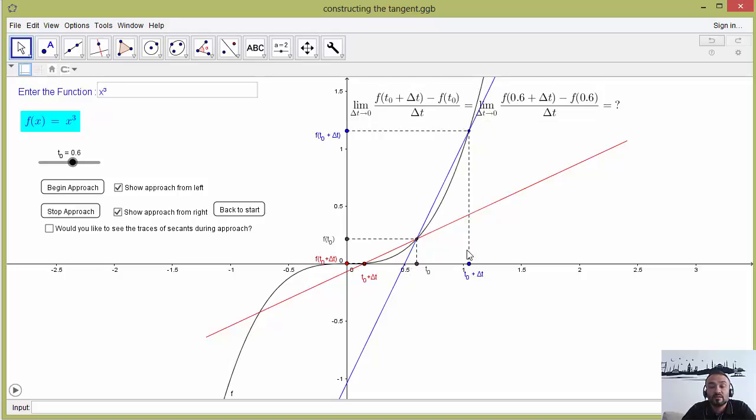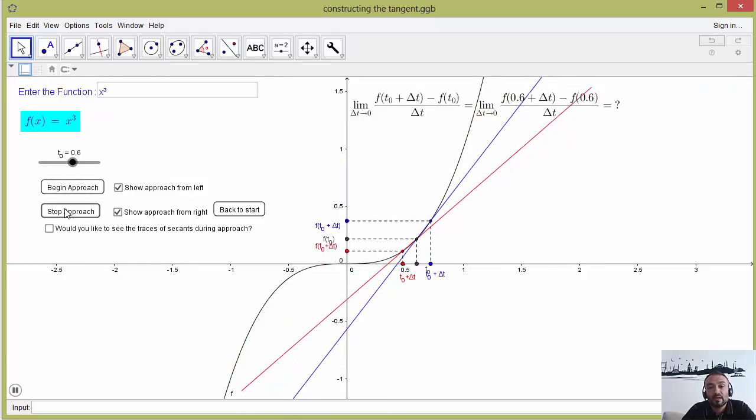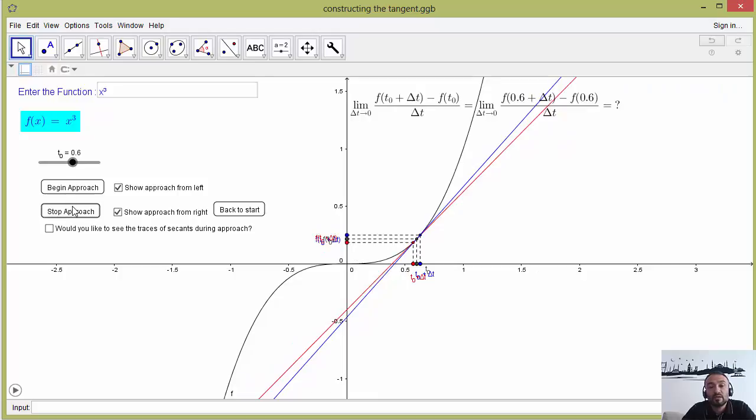The blue line is the secant as delta t approaches 0 from the right. And how can we say that this limit exists? If both this blue line and this red line meet, we can say that this limit exists.